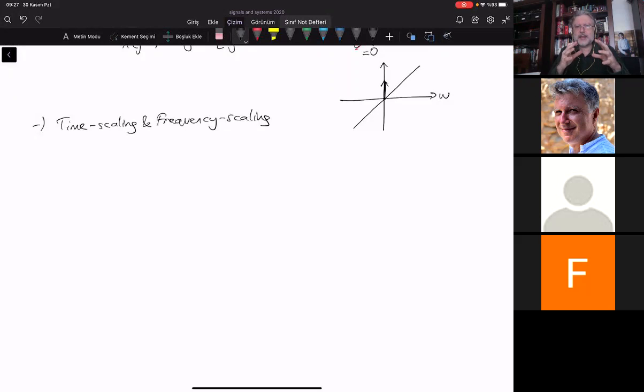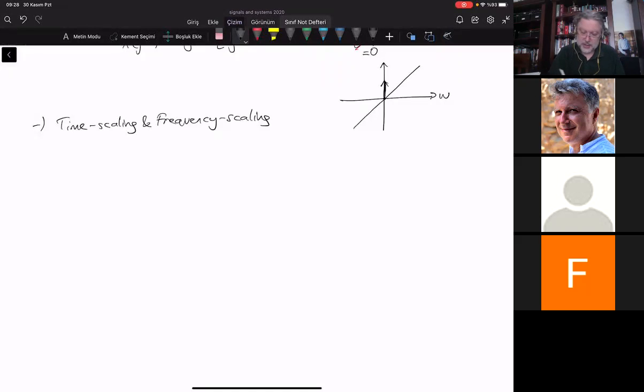So if you make a signal wider in time domain, the signal becomes narrower in frequency domain, corresponding to lower frequencies, because narrow shapes in the Fourier transform domain correspond to low pass signals, and wider shapes contain higher frequencies. So what you do in time domain, you have to invert the operation in the frequency domain. If you are making wider in time domain, it means narrower function in frequency domain, and vice versa. If you make a narrower signal in time domain, that corresponds to higher frequency, therefore the Fourier transform becomes wider.